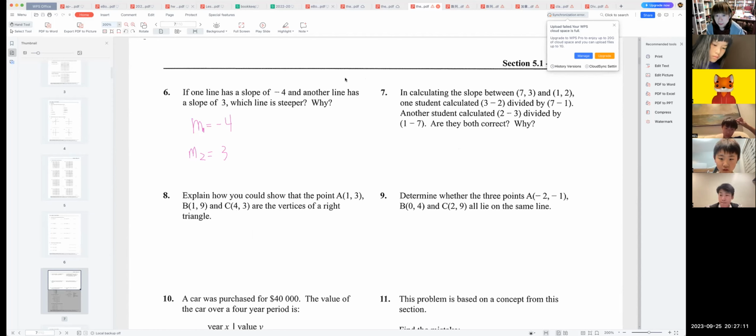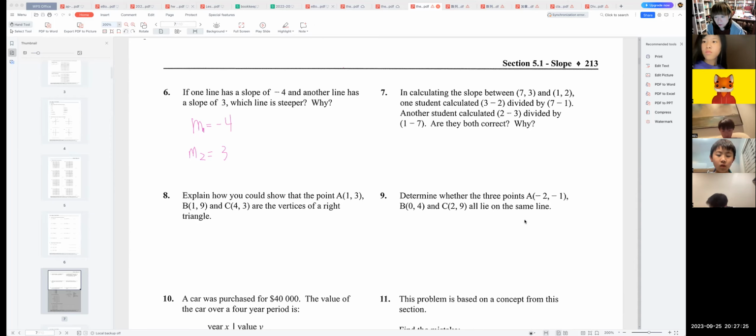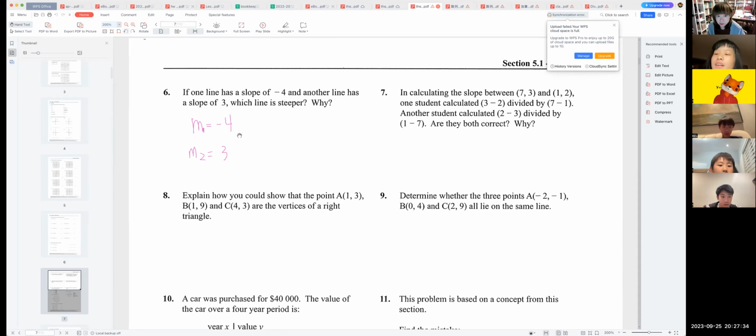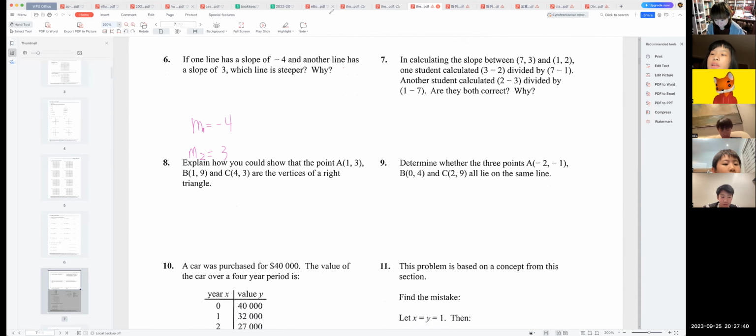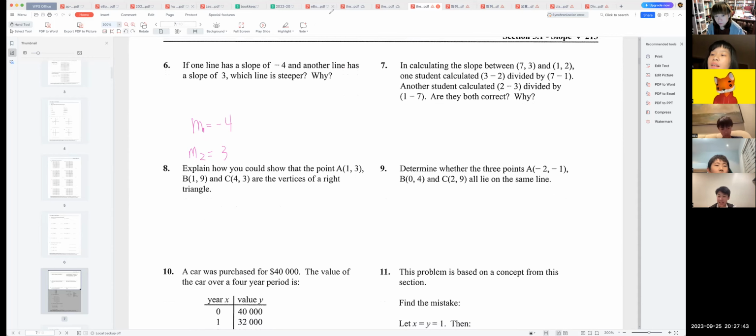那我给你们一个选项吧，你们来选一下。选 A 的话就是 M1 is steeper，选 B 的话就是 M2 is steeper，好不好？老师，我题还没看完。A 是这个是 steeper，B 是这个是 steeper。Then what's C and D?